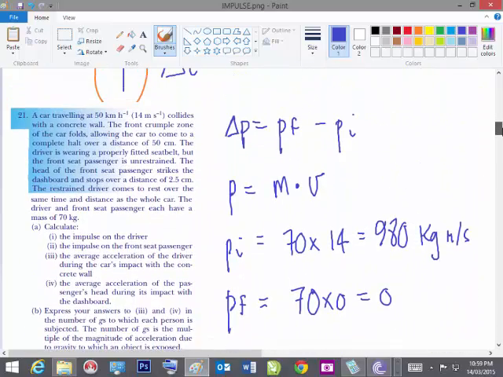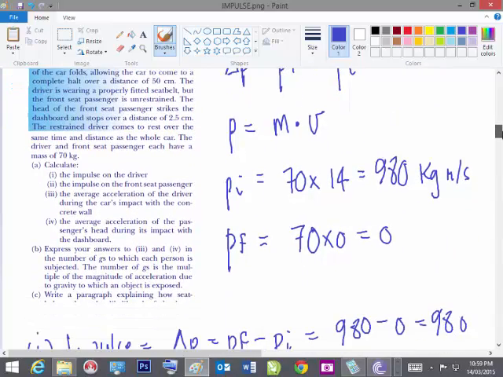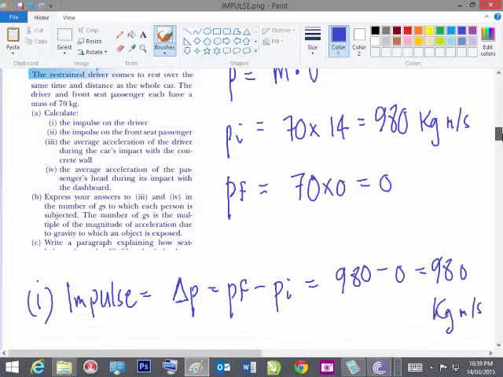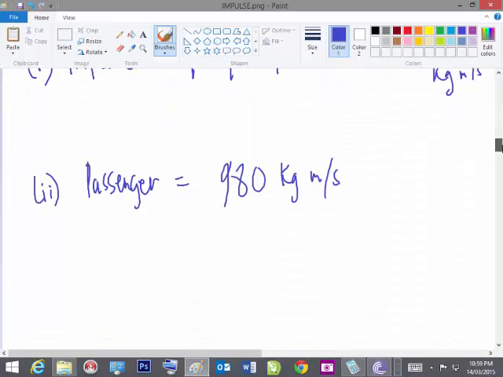So the time taken for the driver to stop is the same as the car takes to stop. It comes to a complete stop over 50 centimeters, which is 0.5 meters.